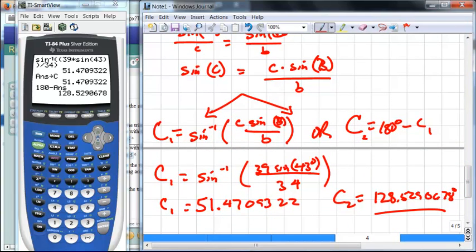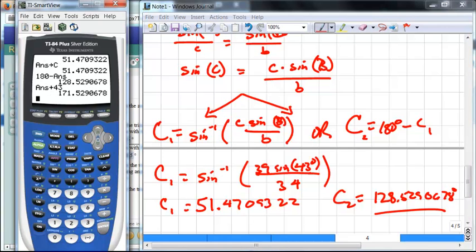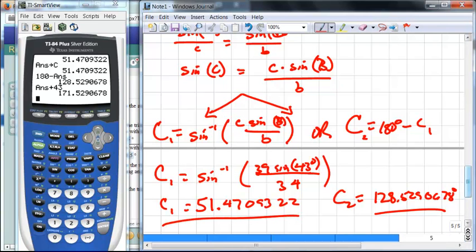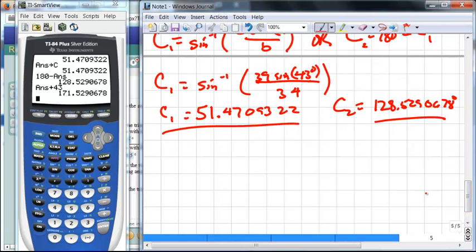So if we add 43 degrees to that, we still see that we have room for an 8.5 degree angle for the other angle. So it is possible. So it looks like we're going to get two solutions here. We have to look at each one of these.